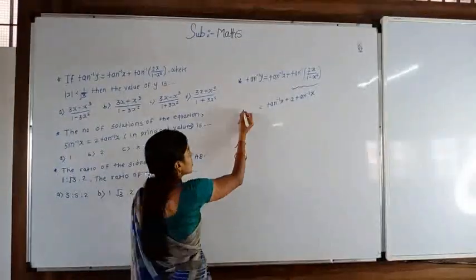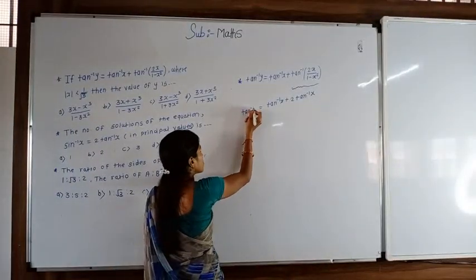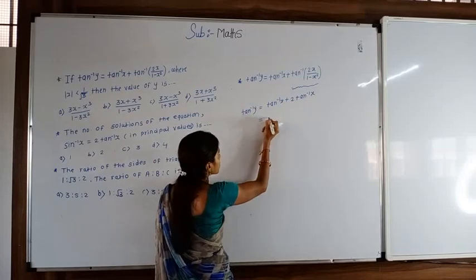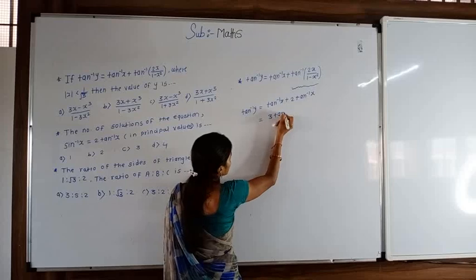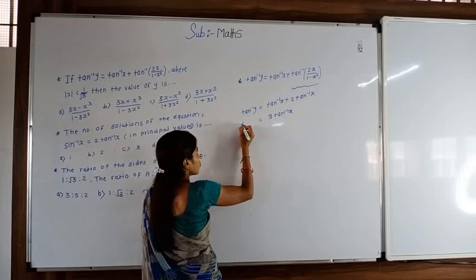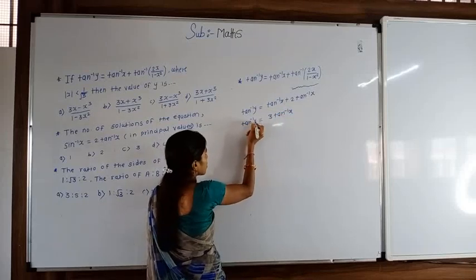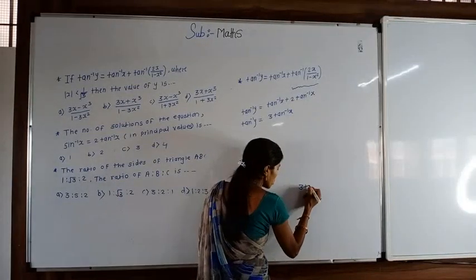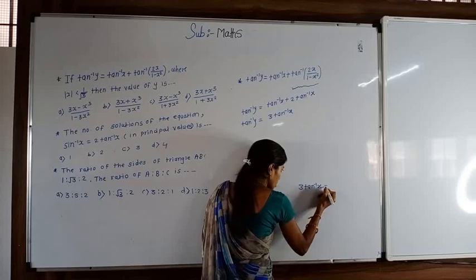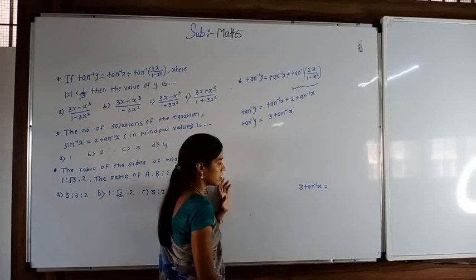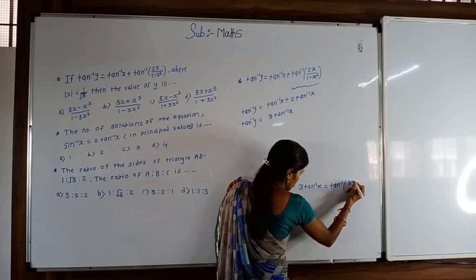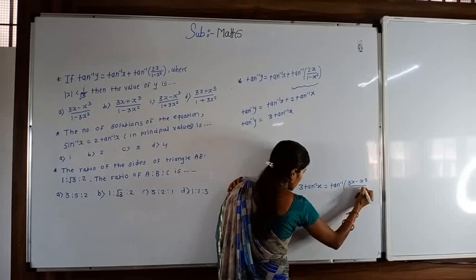Okay, now see here, tan inverse y. Taking the sum of these two terms, it is 3 tan inverse x. So tan inverse y we can write as 3 tan inverse x. We know the identity for 3 tan inverse x is tan inverse of 3x minus x cube divided by 1 minus 3x square.